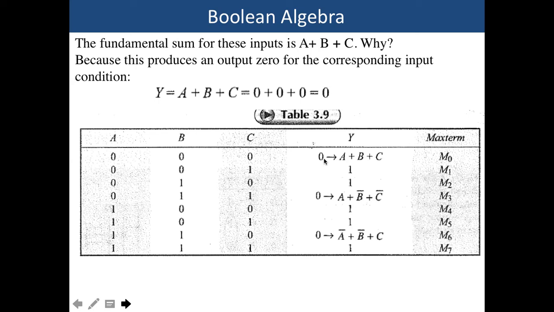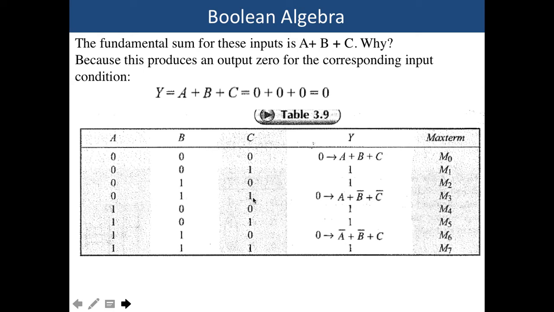Okay, we will only consider these zeros for the product of sum. Another one here also has output 0, so this one is A, this is B bar, this is C bar.